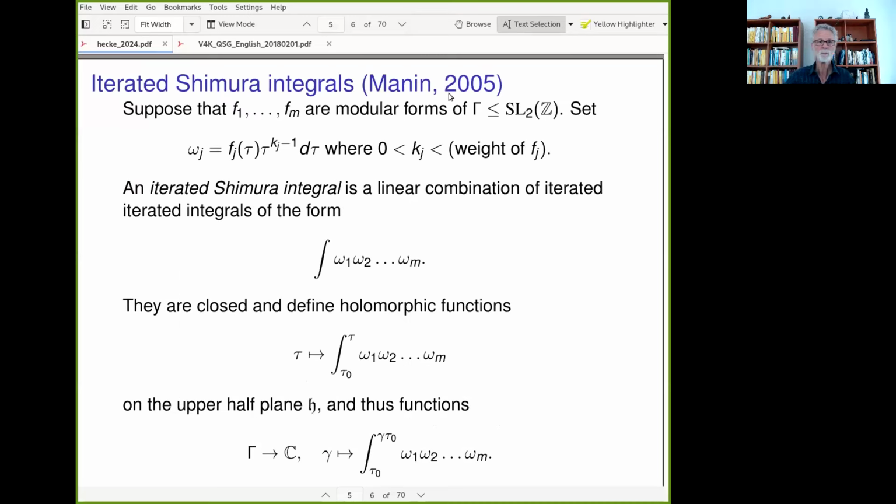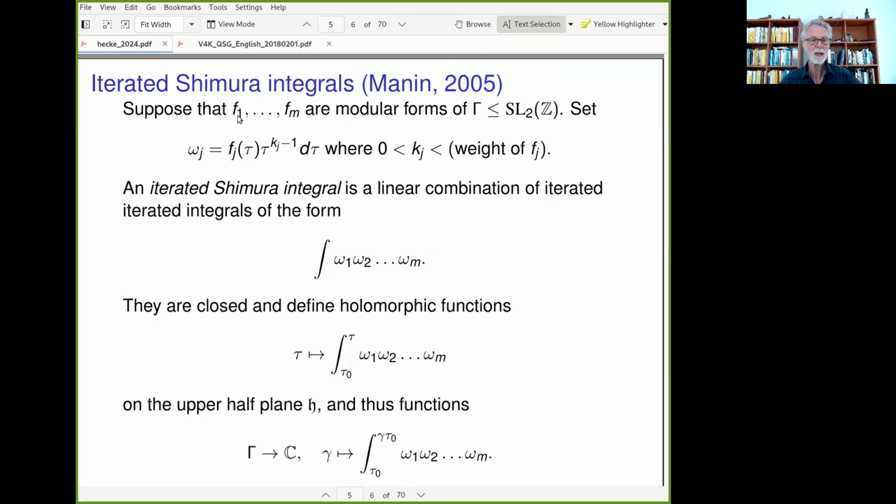So in about 2005, Manin wrote a paper where he defines iterated Shimura integrals. These are obtained by taking a list of modular forms of some finite index subgroup gamma of SL2(Z). I suppose it doesn't really have to be a congruence subgroup, but the natural thing to do is to take gamma to be a congruence subgroup.